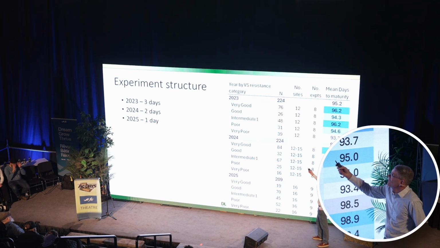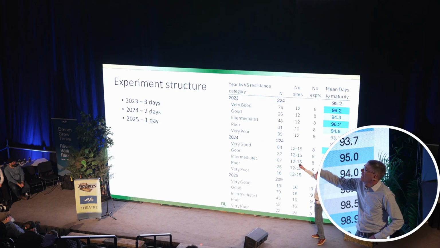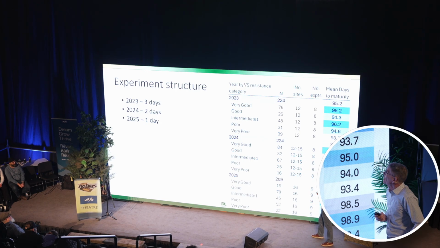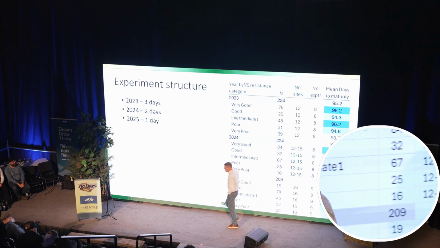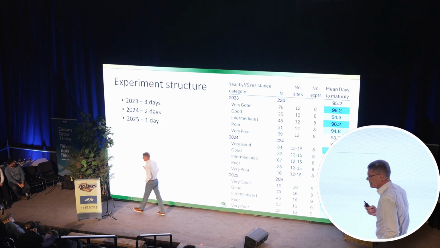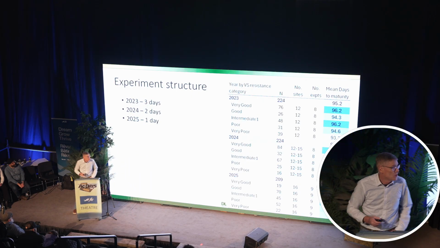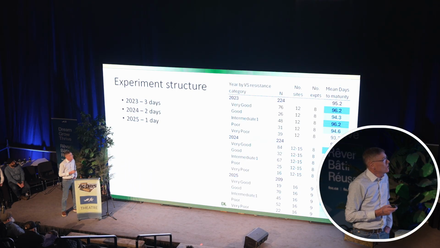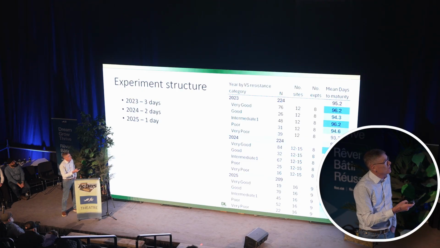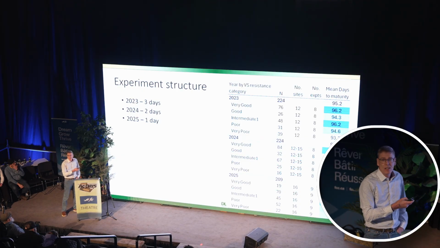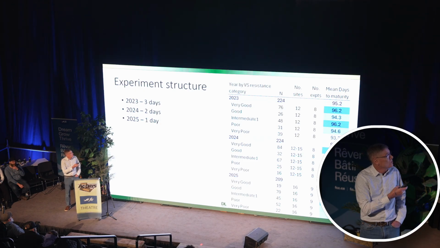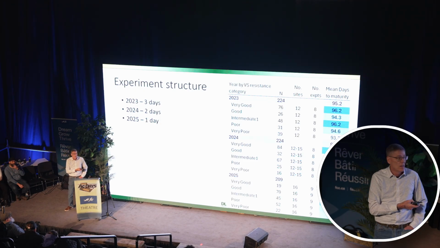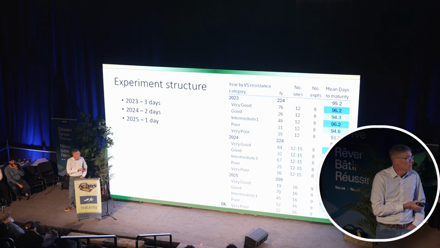So you had 76 hybrids that were very good, 39 that were very poor, and the others are listed there as well. And a similar structure for the other 2 years. So what you see here is there's a 3-day difference between the early and late maturing of these groups in 2023. There's only a 2-day difference in 24 and a 1-day difference in 25.